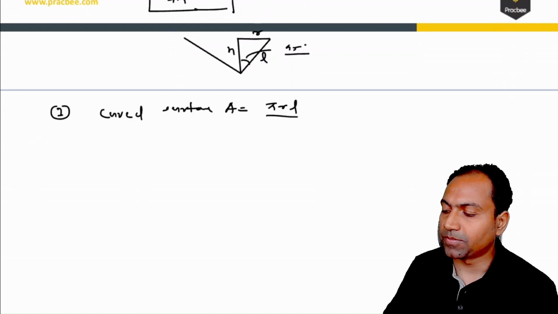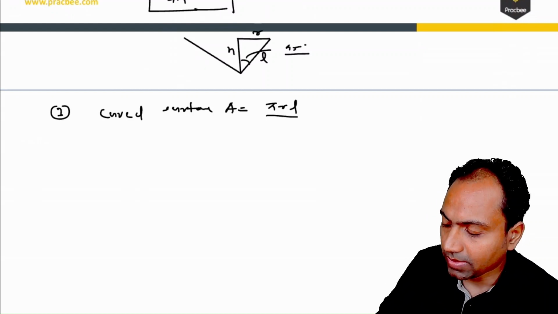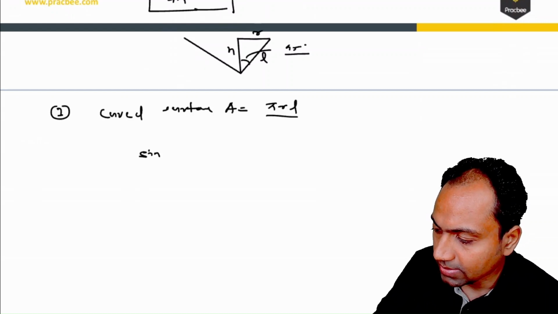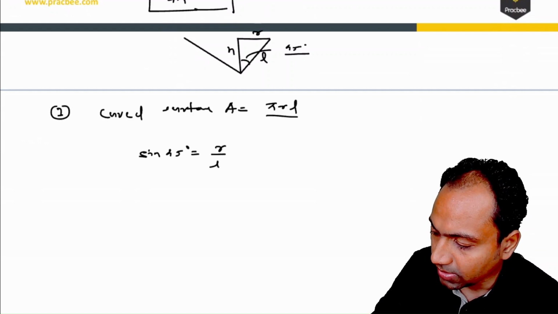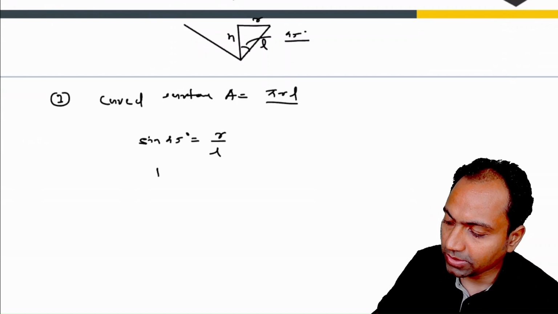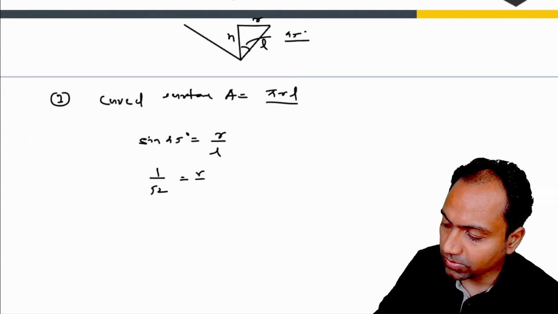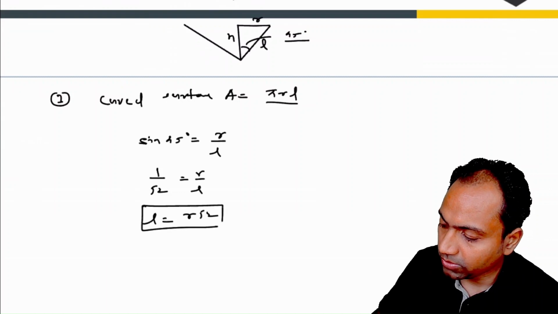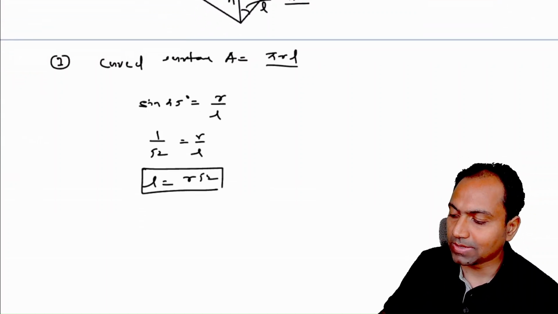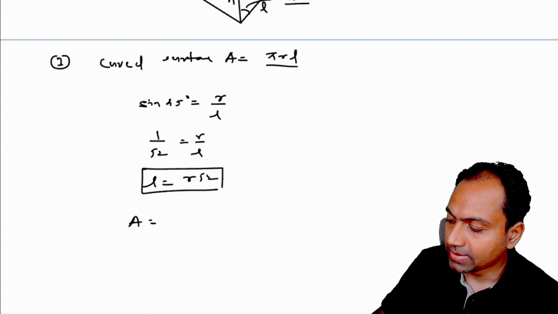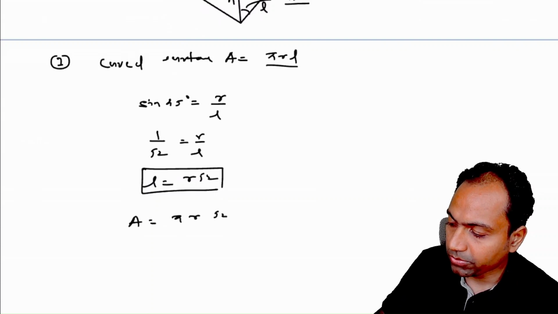So I can connect r with L and write sine 45 degree is r by L. Sine 45 is 1 by root 2, equal to r by L. So the value of L becomes root 2 r. So the area they are asking becomes pi r into root 2 r, so it becomes pi root 2 r square.